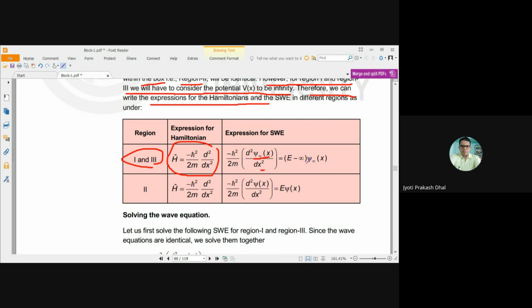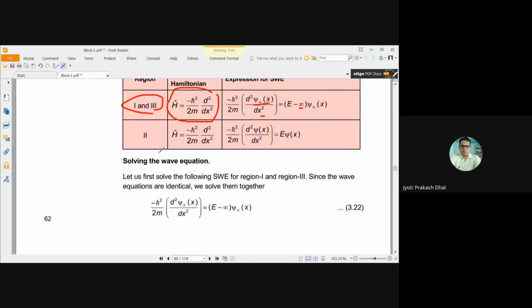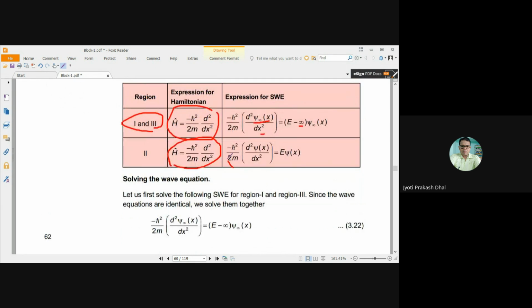So here for region 1 and 3, the potential energy V will be infinite. And for region 2, the potential energy will be 0. And hence, this is the Hamiltonian operator, and the expression for the Schrodinger wave equation will be like this: minus h cross square by 2m d square psi by dx square equals E psi.